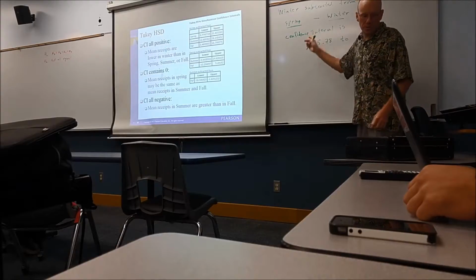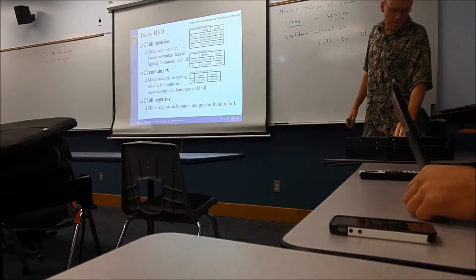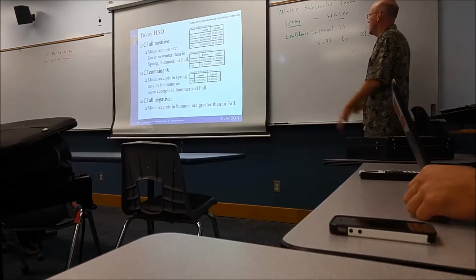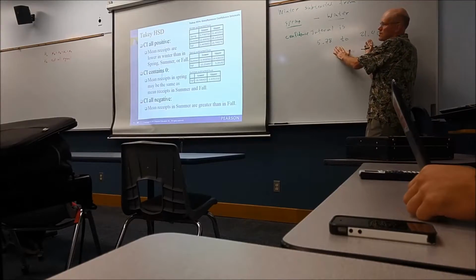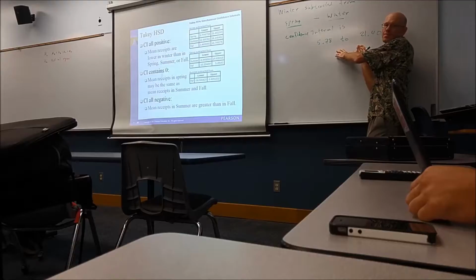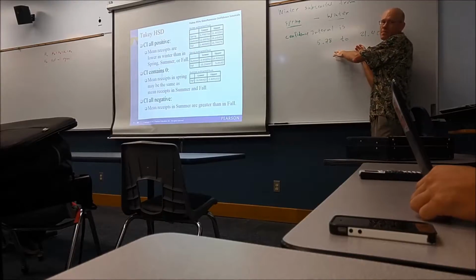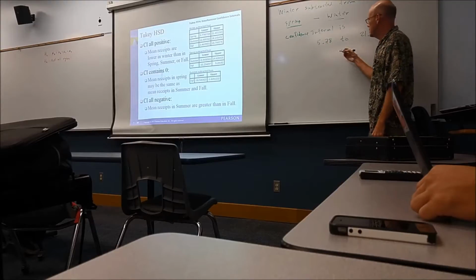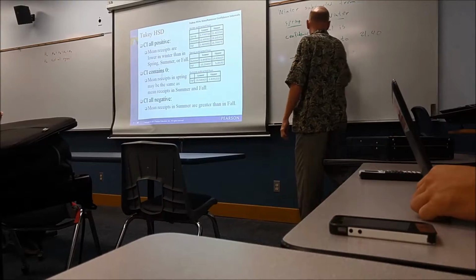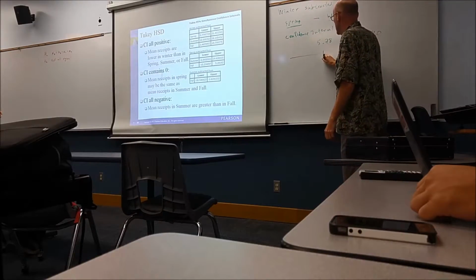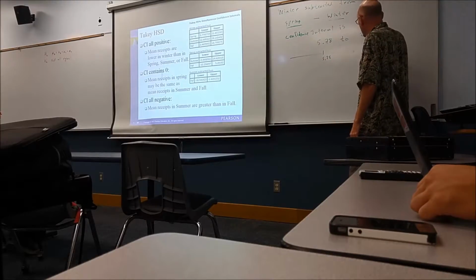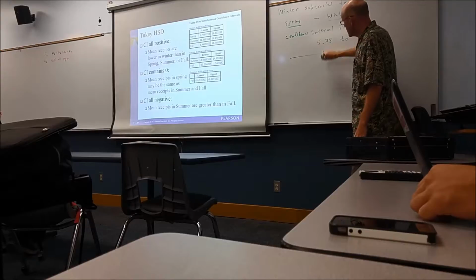Now if it's spring minus winter, which one is bigger? Spring. Spring is bigger because, how can you tell from the confidence interval? If this is 5.78 and this is 21.40, all the numbers in here are positive, right?